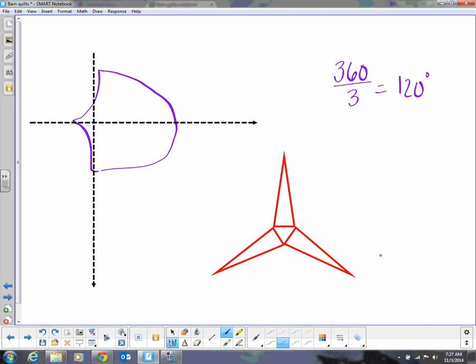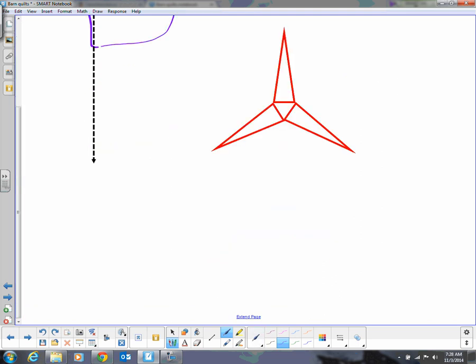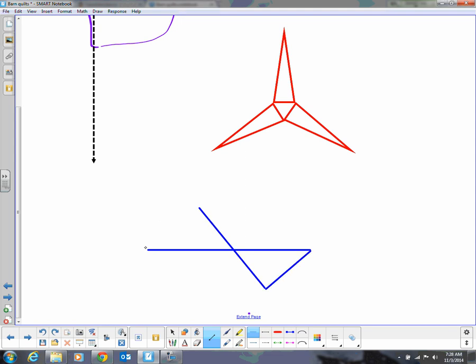If you look at the last one, does it have a line of symmetry? Is there a line of symmetry here? No. But what symmetry should it have if I drew it better? Rotational. And what kind of rotational symmetry would that be?